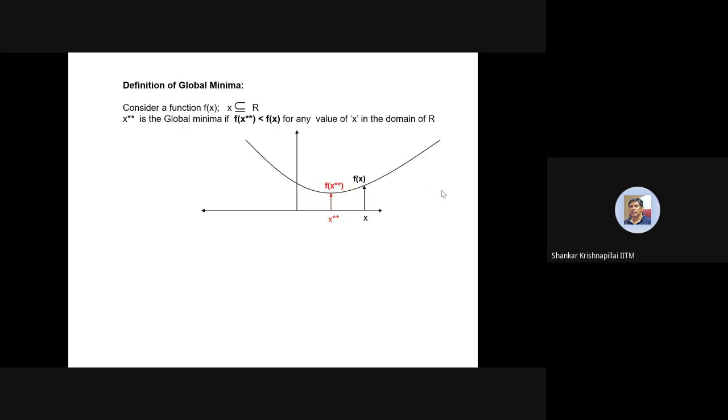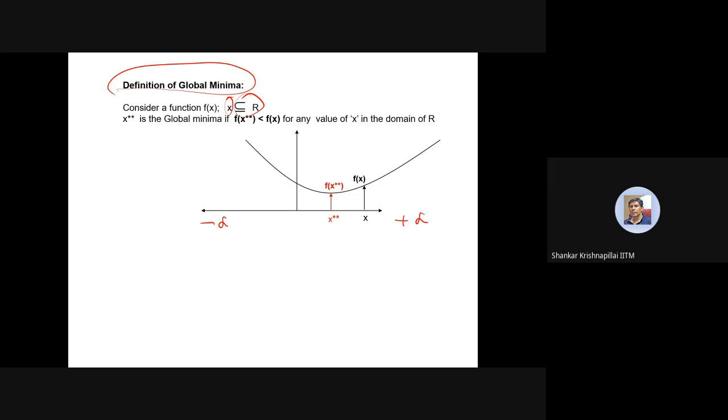So first, we always talk of global minima and local minima. For a single variable function, how do you define the global minima? First of all, there is only one variable x, and it is a subset of the set of real numbers. So x can vary from minus infinity to plus infinity.